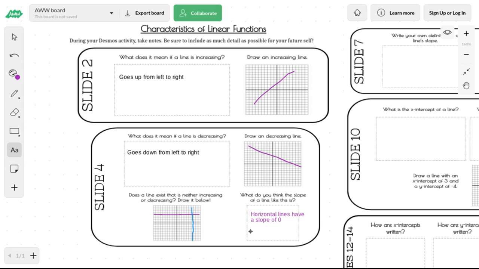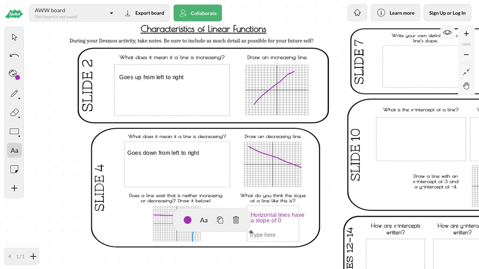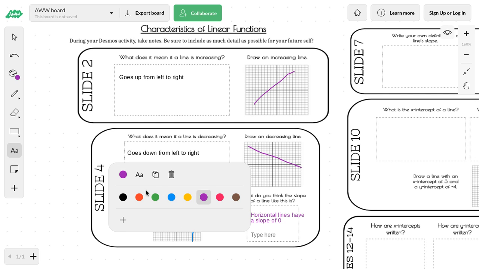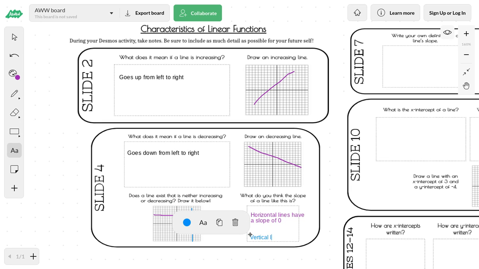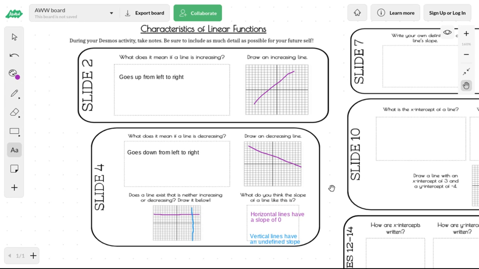And it would also be helpful to know that vertical lines have an undefined slope. We'll talk more specifically about how we get those numbers or those answers, but for now, it's helpful to have those in your notes.